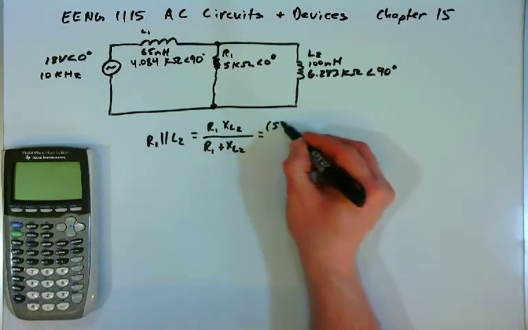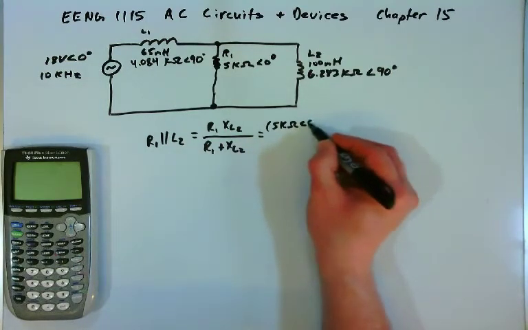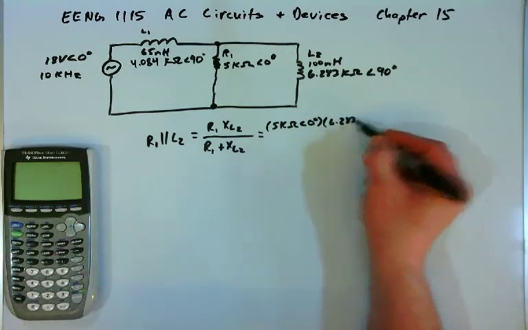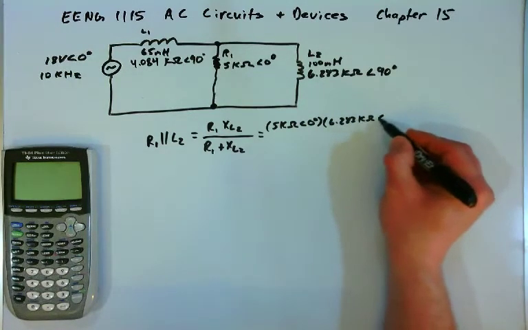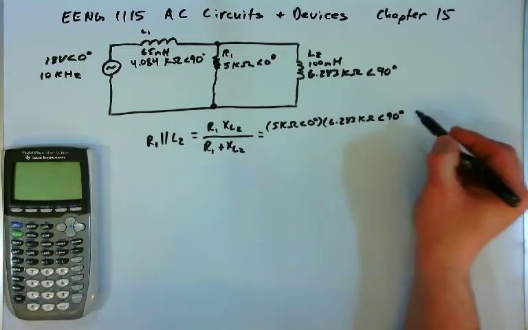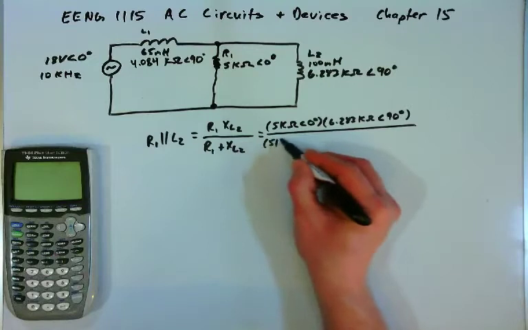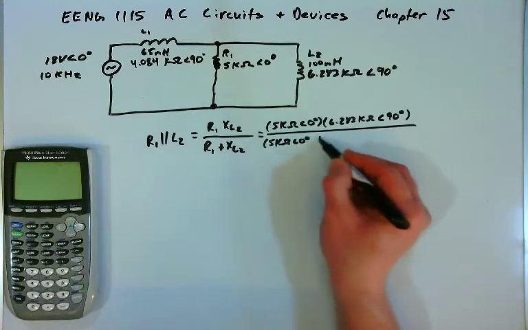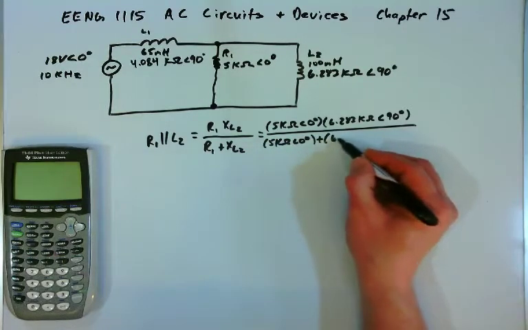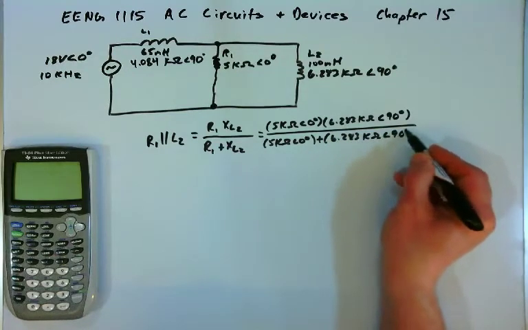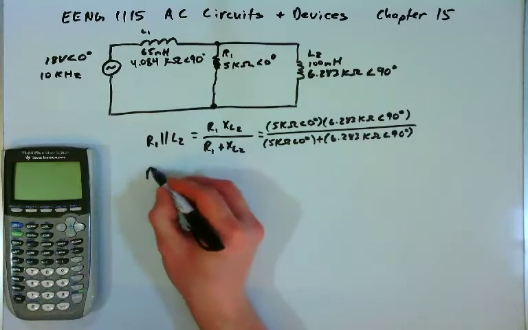And so the product will be 5 kilo ohms at 0 degrees times 6.283 kilo ohms at 90 degrees, divided by the sum 5 kilo ohms at 0 degrees plus 6.283 kilo ohms at 90 degrees. Now the product is the easy part.